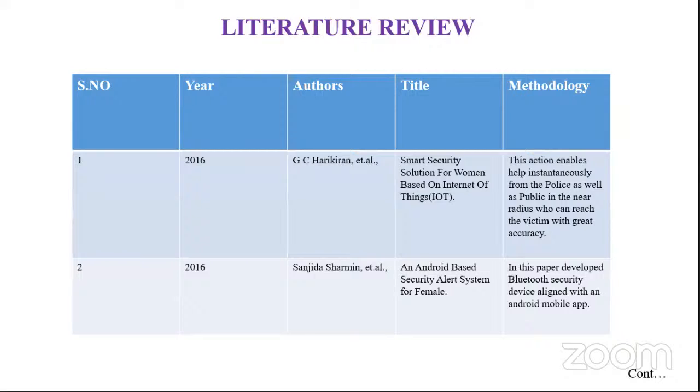The first, in 2016, G. C. Hurricane et al. proposed a smart security solution for women based on the Internet of Things. In this paper, they proposed a device which is an integration of multiple devices. The hardware comprises a wearable smart band which continuously communicates with a smartphone that has access to the internet.